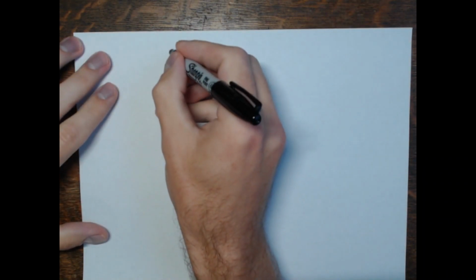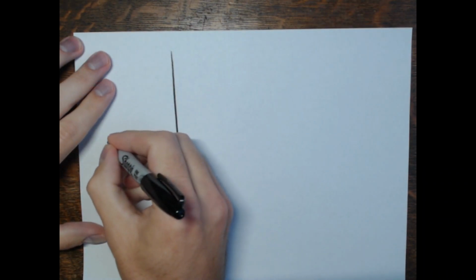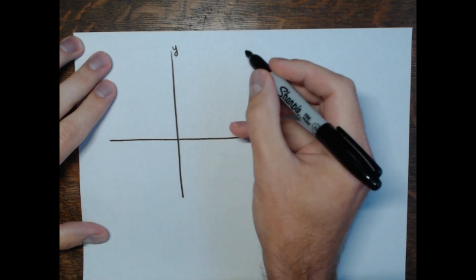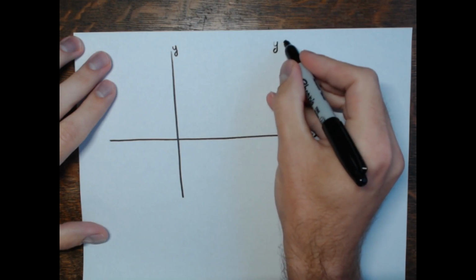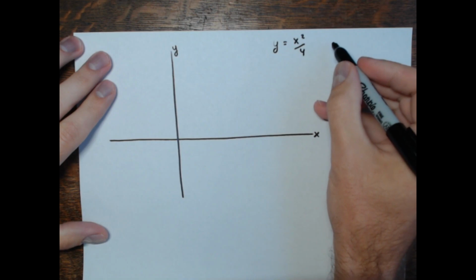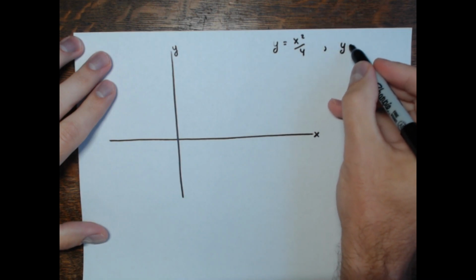All right. So this region here, one curve we're given is y equals x squared divided by 4, and the other curve, y equals 2x.